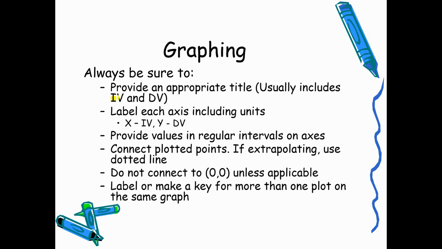But a good title should always include both. Now, typically, that independent variable is on the x-axis, and that dependent variable is on the y-axis. And so whatever your labels are, because this is another absolute must, okay, if you take those, you can put them together to form your title, okay?